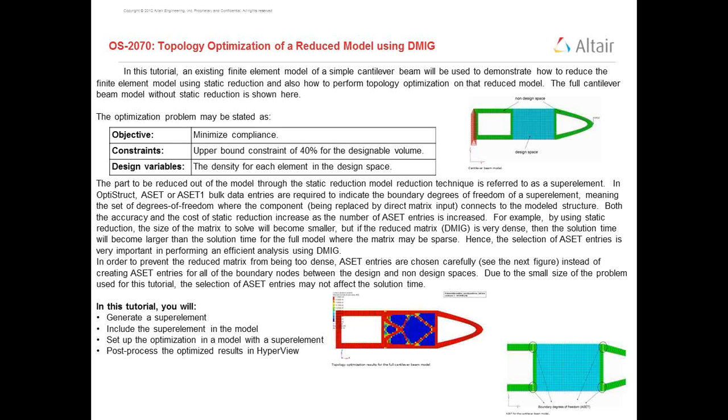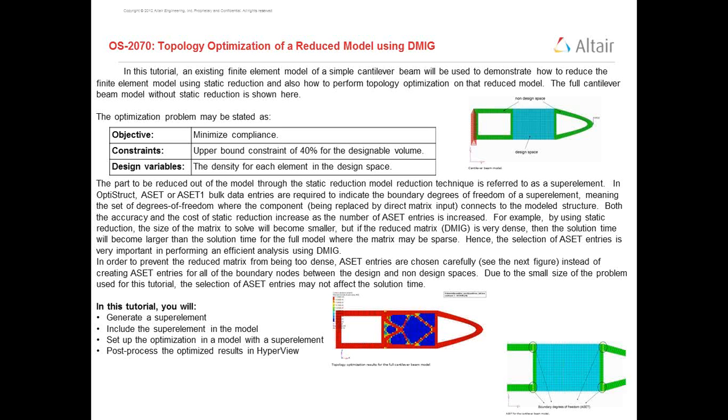Hence, the selection of ASET entities is very important in performing an effective analysis using DMIG. In order to prevent the reduced matrix from being too dense, ASET entries are chosen carefully, instead of creating ASET entries for all the boundary nodes between the design and non-design space.